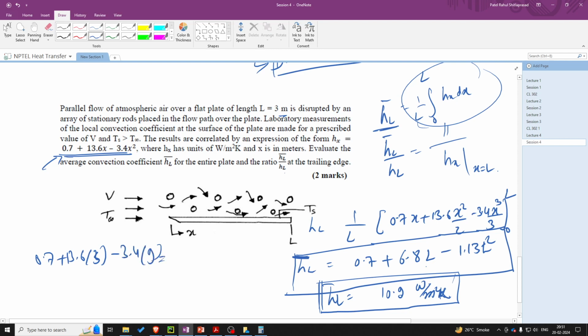This will also come around as 10.9. So the ratio of both of these will be 1. For this particular question, the ratio of the average convection coefficient for the entire plate upon the value of the local heat transfer coefficient at the trailing edge will be 1. So that is our final answer.